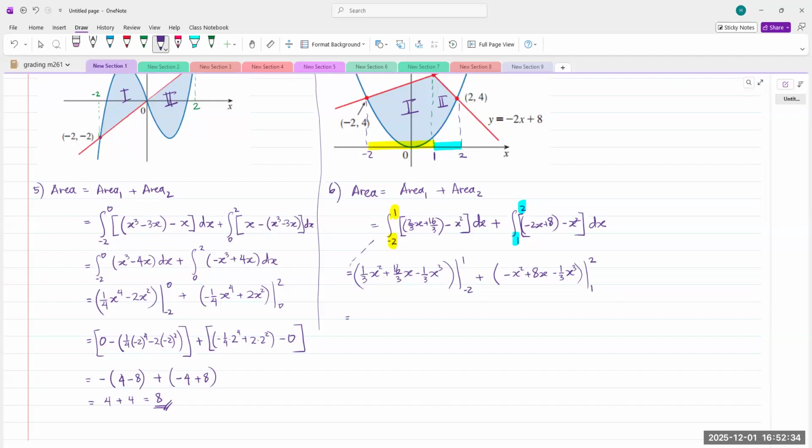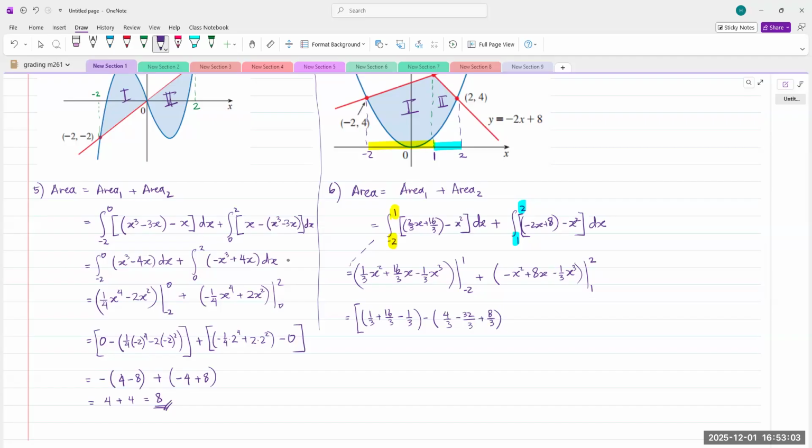Now anything from here is computation. It's 1/3 plus 16/3 minus 1/3. Oh, they cancel out. Minus when x equals negative 2. I will just compute it right away. That will be 4/3 minus 32/3 plus 8/3.